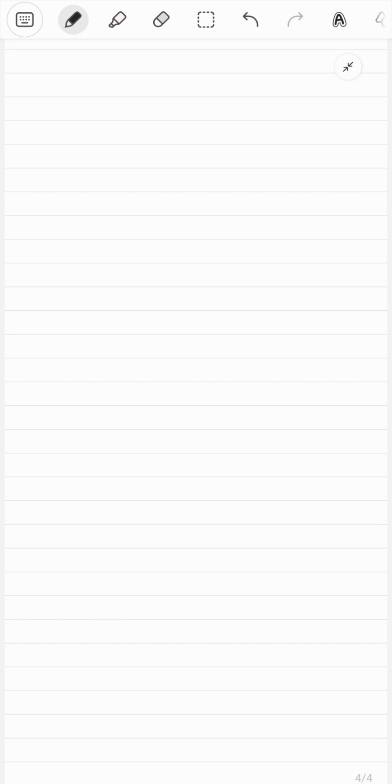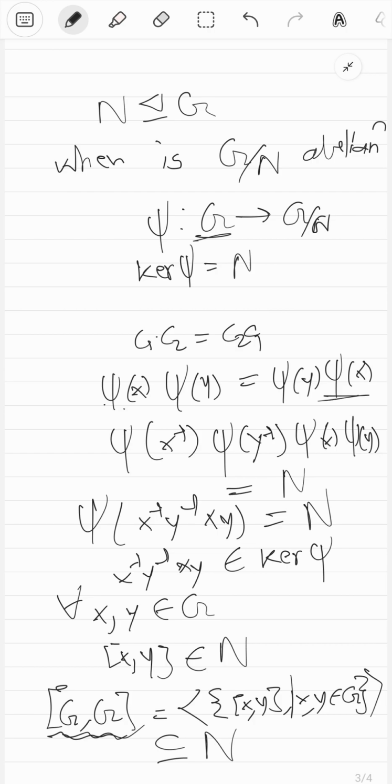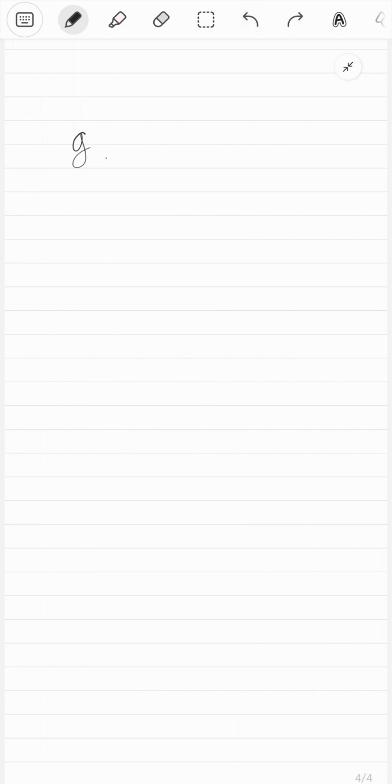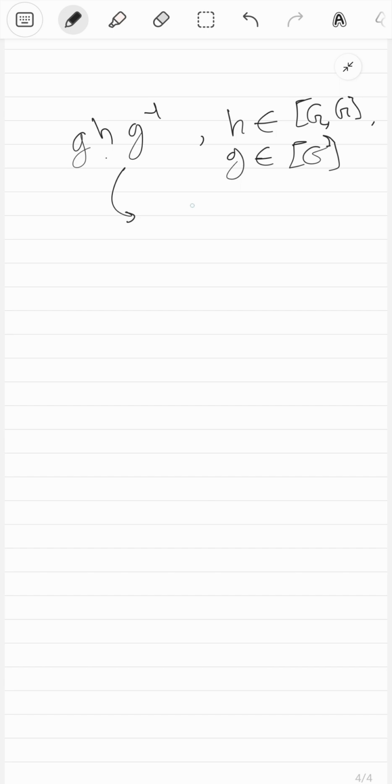It's generated by the commutators essentially, and what we are looking for is g, then some element in this subgroup, let's call it h, and then g inverse, where h is in this commutator subgroup and g is any element in G. So we want to show that this thing is actually in the commutator subgroup as well, right?